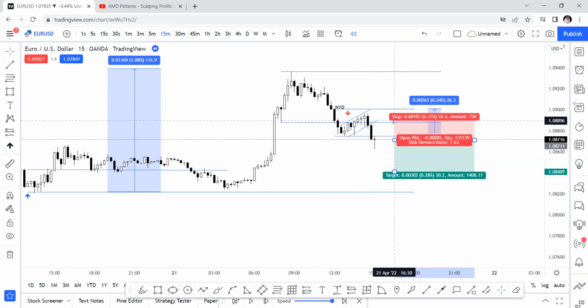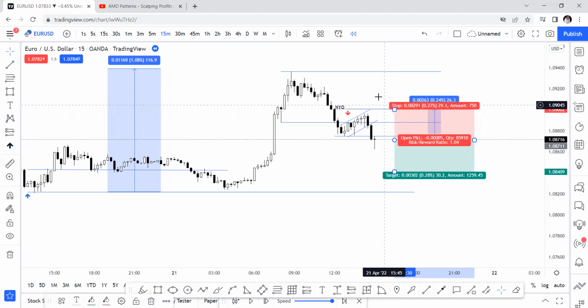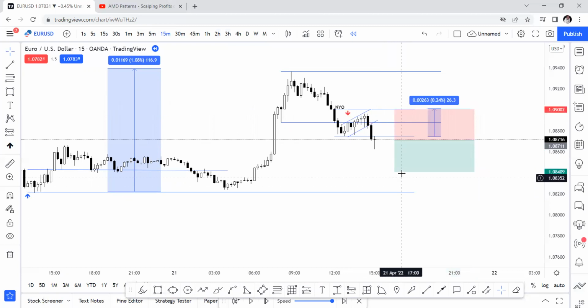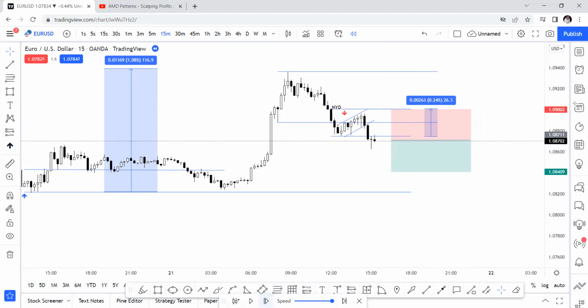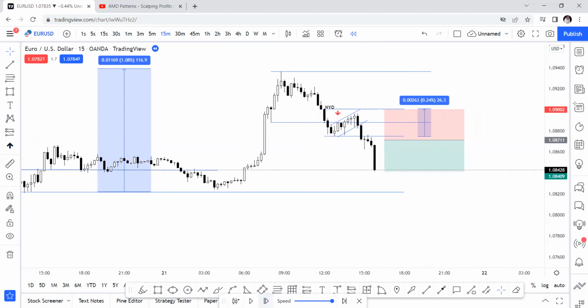You can put your target either here or here. But I prefer to be on the safe side. Put it at the upper range, or be conservative. Just your target is 30 pips. That is it.